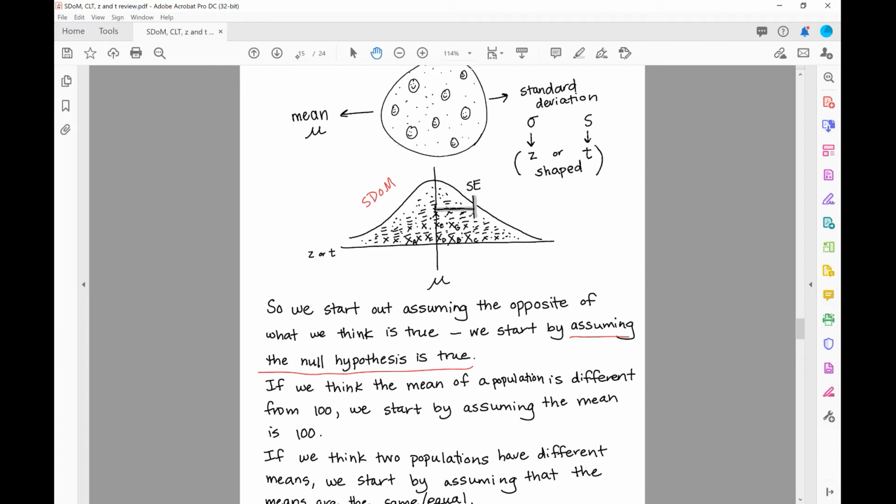And the null hypothesis is always that boring hypothesis, the hypothesis that nothing's happening, that there's no difference, that there's no relationship, right? It's the this-is-not-very-interesting hypothesis. It's not the one that we really suspect is happening, which is why we're doing this research in the first place.